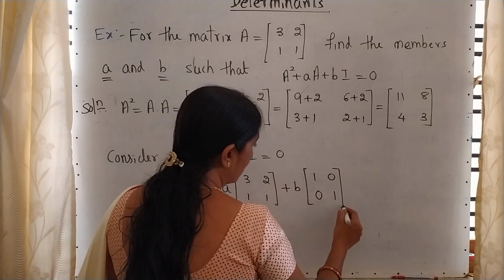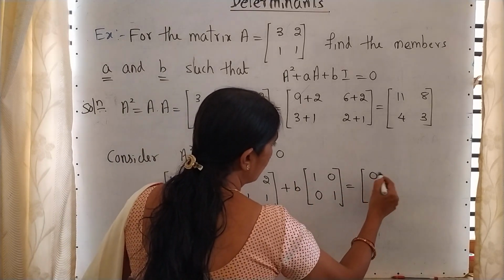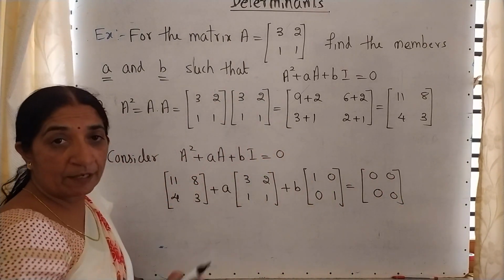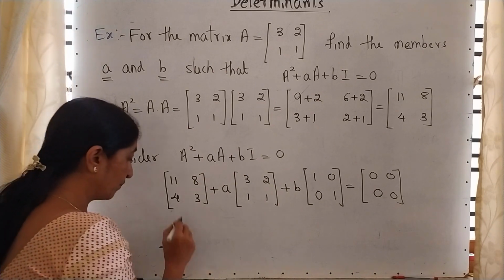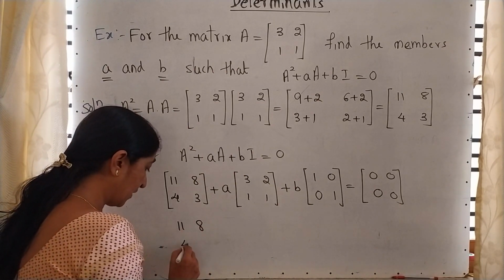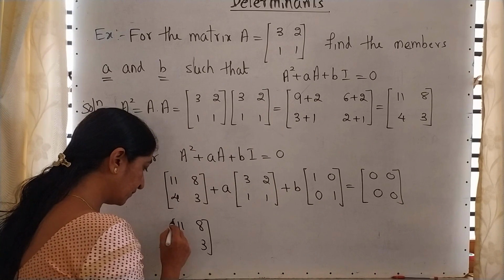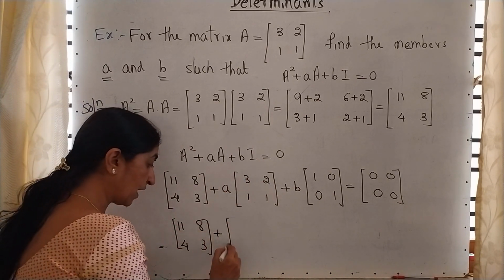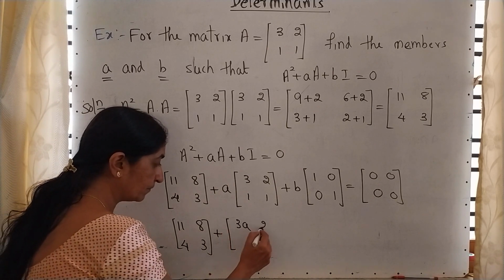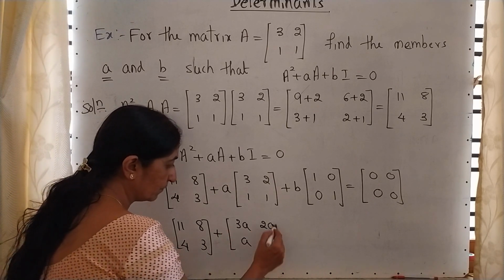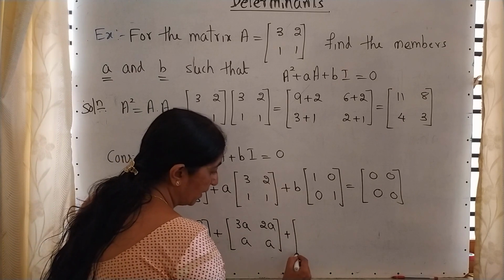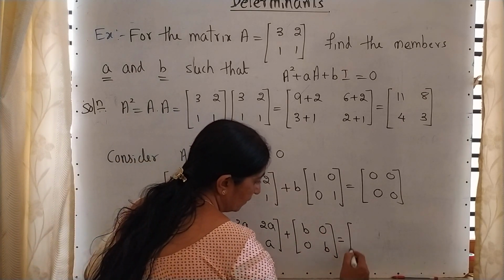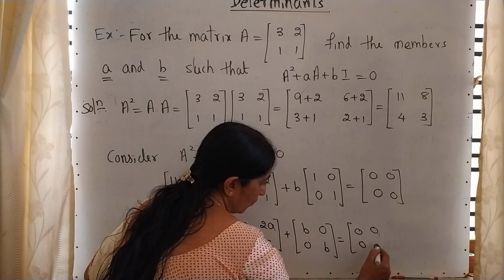And remember, here 0 means you can write a 0 matrix of order 2 by 2, because on the left side all the matrices are of order 2 by 2. So first matrix I kept as it is. Then I am multiplying each number by A. That means I took A inside this matrix. Then take B inside the matrix. This is 0, 0, 0, 0.